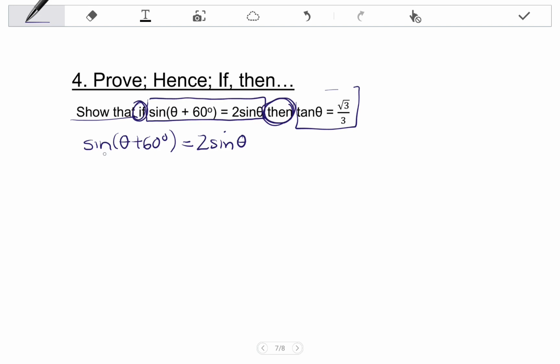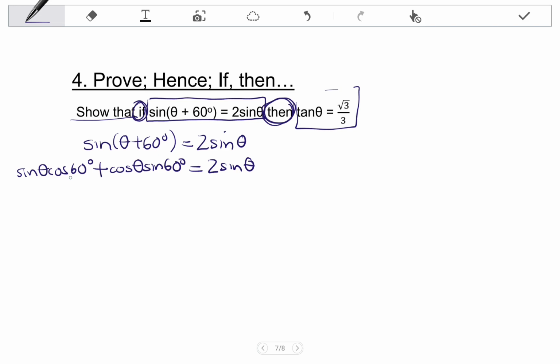Now sine compound angles expand to a sine, cos, sine in that pattern. So I've got sine theta cos 60 degrees. Then remember, for sine, the sign doesn't change. So I'm going to keep the plus from the brackets. And then I have cos the first angle, sine the second angle. And that equals 2 sine theta.